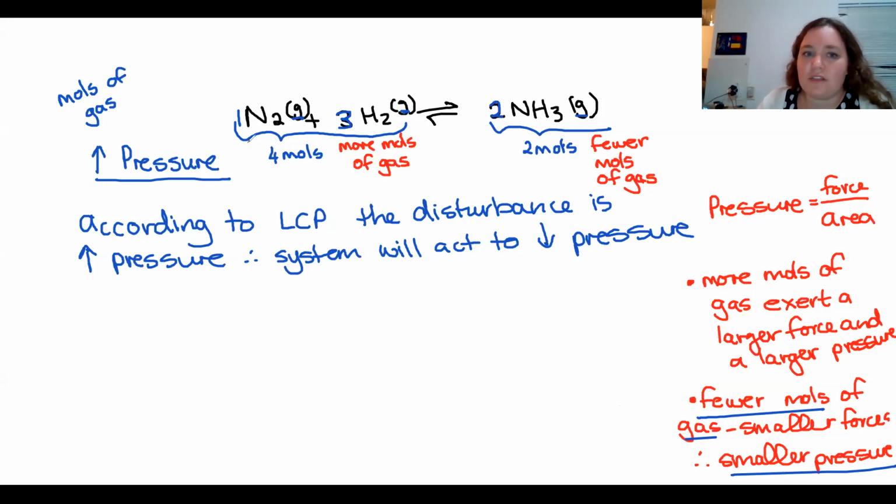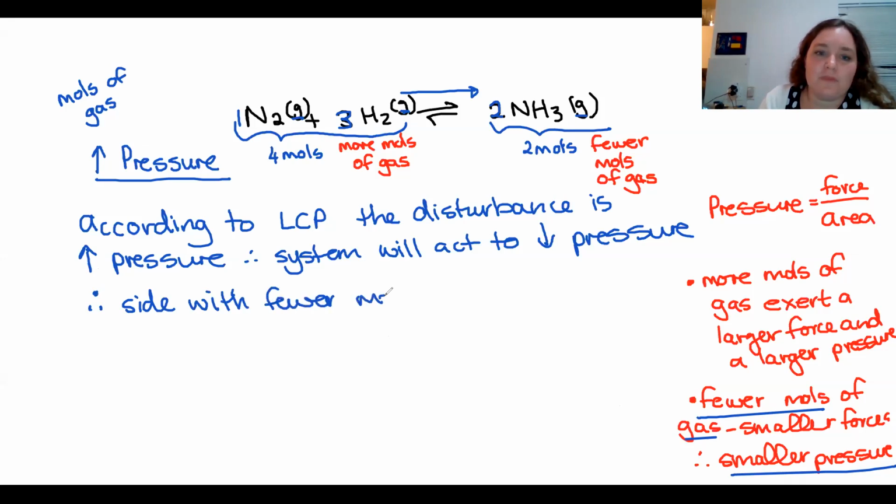In order to turn our starting materials, which have 4 moles worth of gas, into our products, which have fewer moles of gas, we must favor the forward reaction. So the system will act to decrease the pressure. Therefore, we say the side with fewer moles of gas is favored, and you've got to say of gas, you can't just say fewer moles.